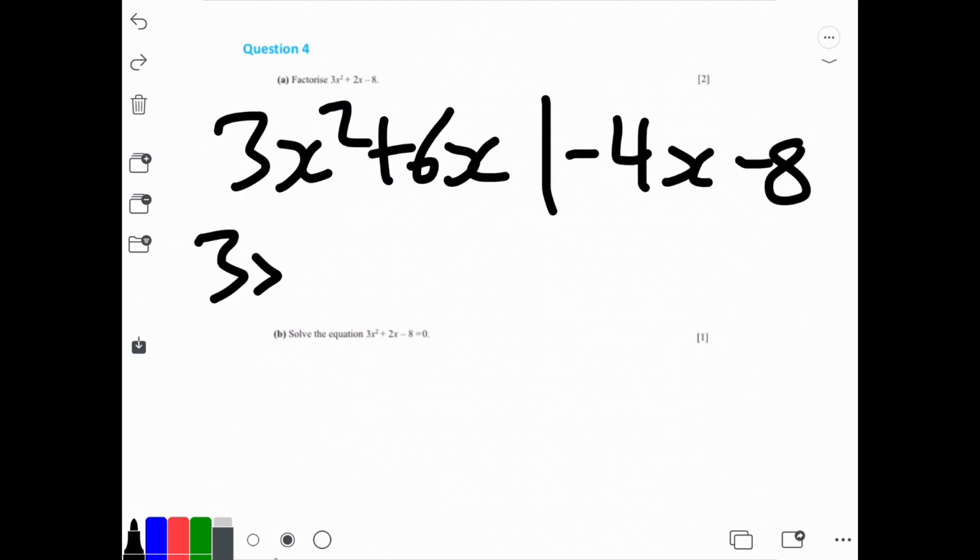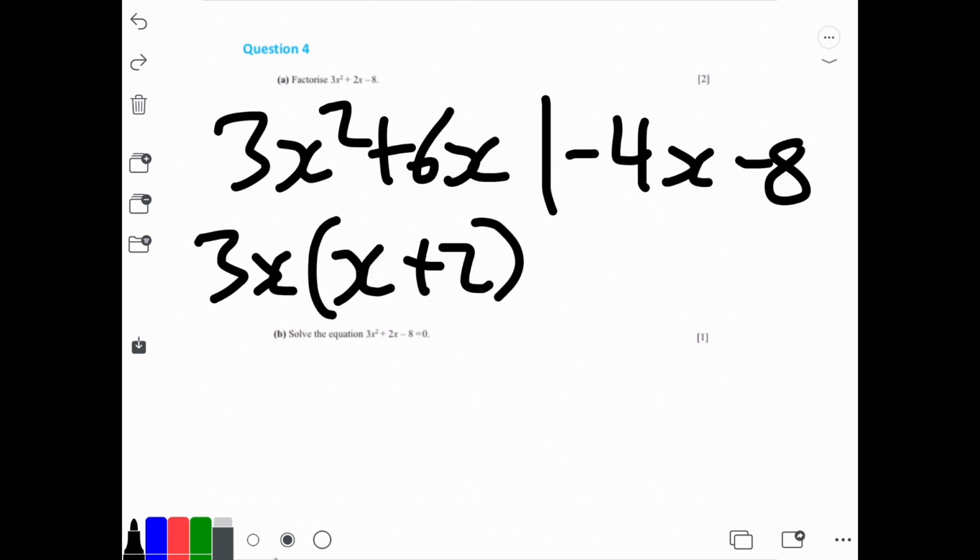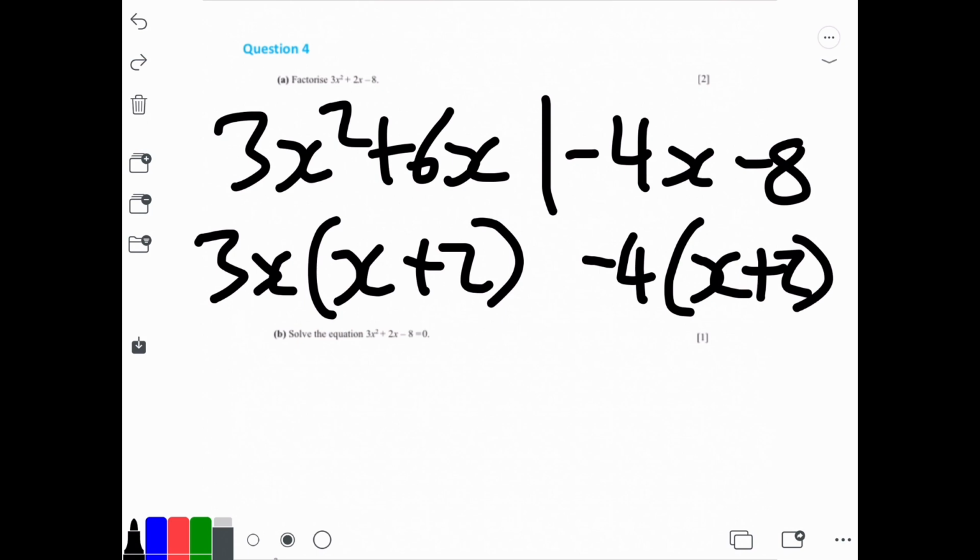So on the left side, this would turn into 3x times x plus 2. On the right side, this would turn into negative 4 times x plus 2.